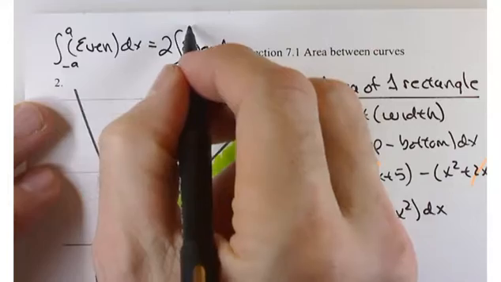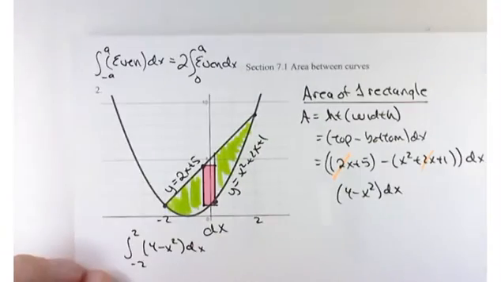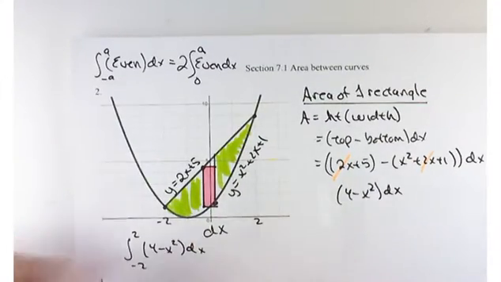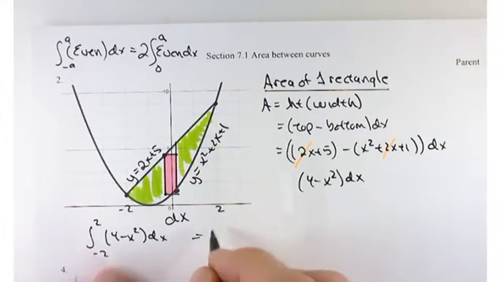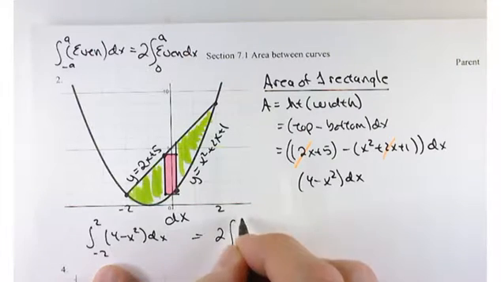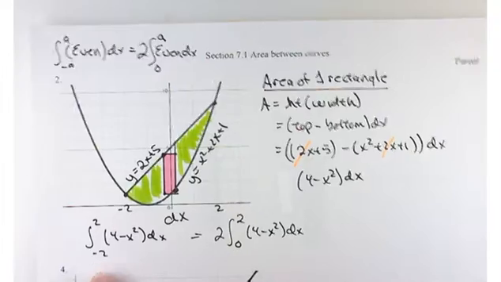Good, 0 to a. It's not a big savings. I'm only pointing it out so that you get a little bit conditioned to looking for it. If you've got a symmetric interval, by that I mean -a to a, look for these things. It helps out. So this is twice the integral from 0 to 2 of 4 minus x squared dx.